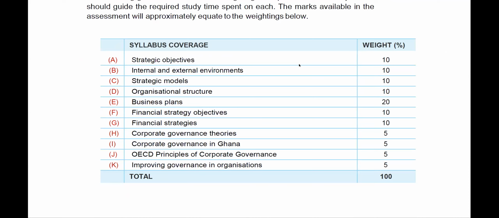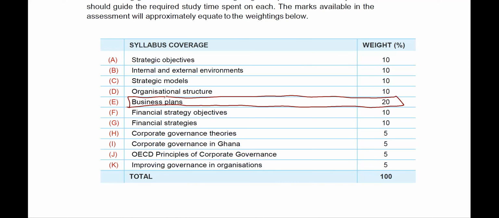We have been able to analyze internal and external environments for 10 marks, application of strategic models for 10 marks, organizational structure for 10 marks, business plans is where we have the biggest marks so far. You could see that business plans cover 20 marks.